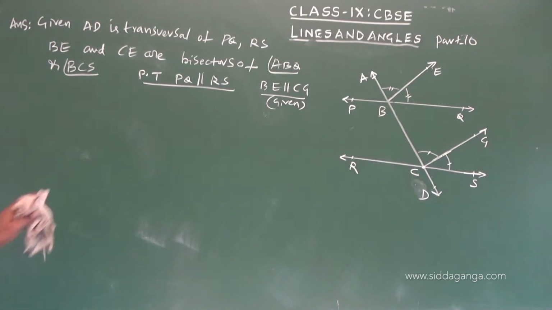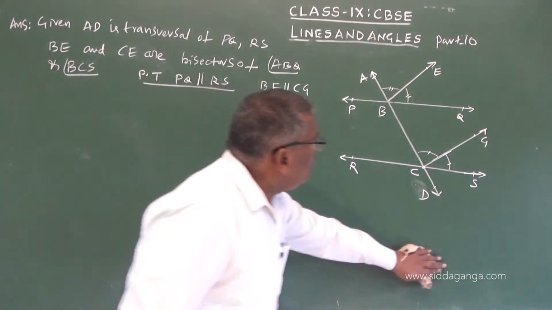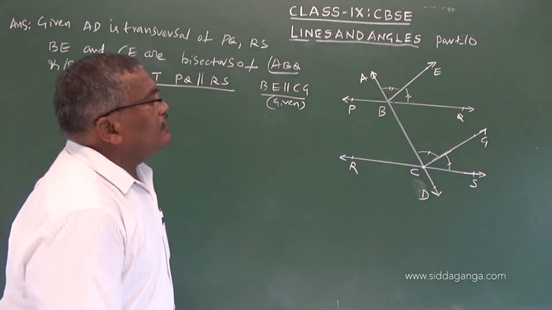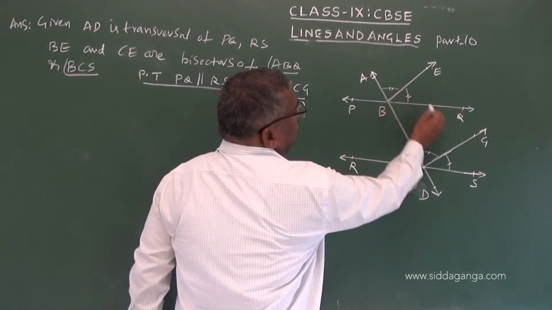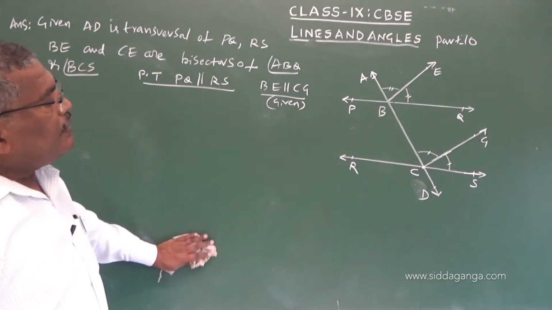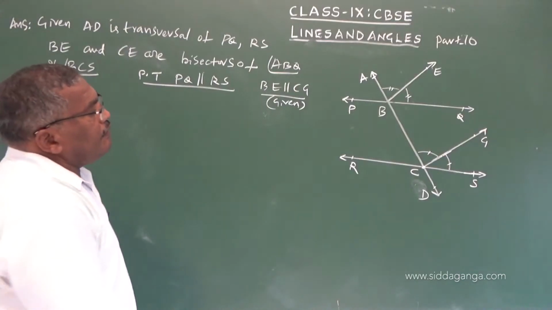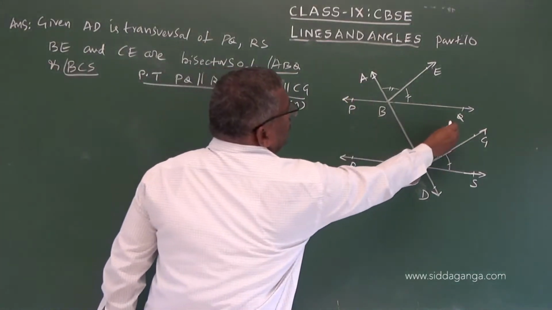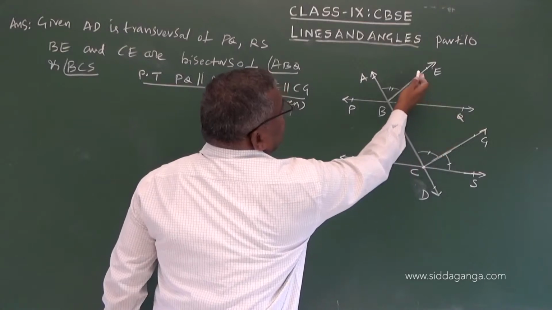Now observe here. It is given that BE is parallel to CG, and another data given, angle ABQ is bisected by this line.